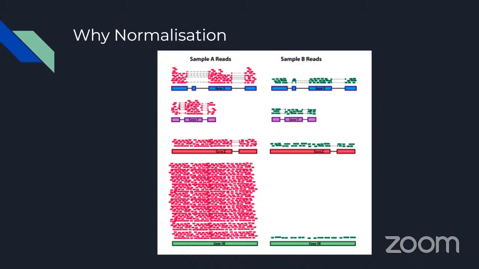And also, when you look at differentially expressed genes, for example if you consider this gene D, and you want to normalize for the entire sample A and entire sample B, this differentially expressed gene has a very, very high upregulation.